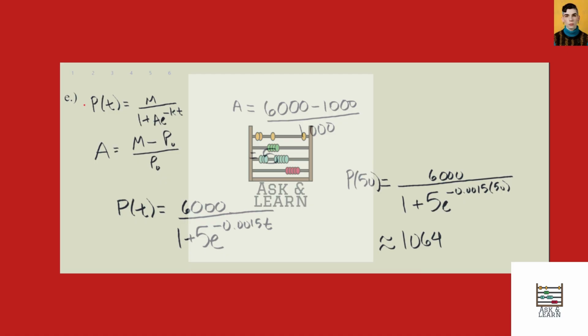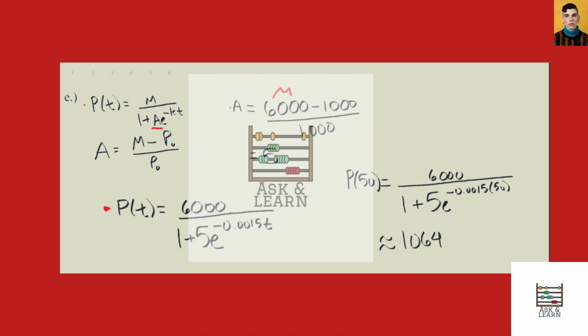And so M, once again, our carrying capacity is going to be 6,000, and this depends on this A here. Well, A is going to be our carrying capacity minus our initial population, all divided by our initial population. So moving over here, we can compute that within the framework of this problem. So carrying capacity, this here is our M, and then here is our P0, that's 1,000, and A ends up just being 5.